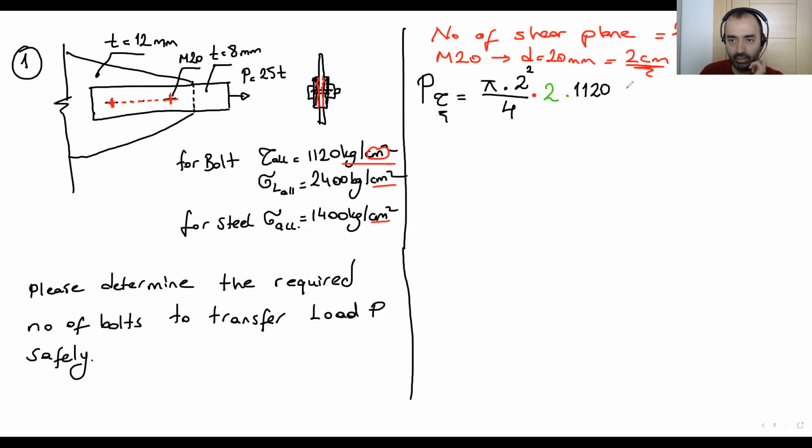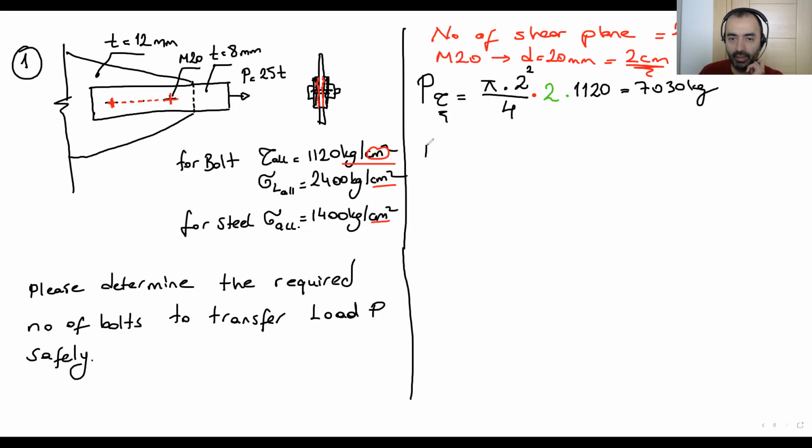This gives me the shear capacity of one bolt. Let me write here. Okay. This is the shear capacity.